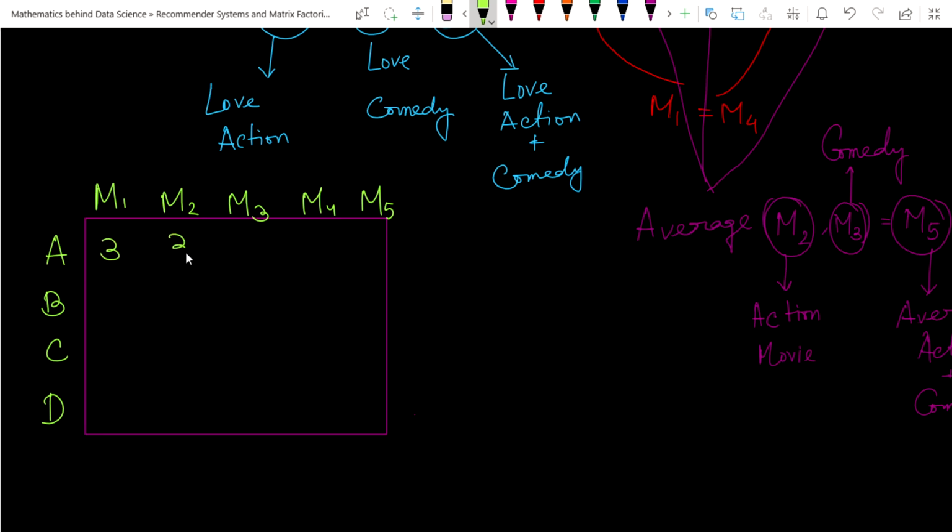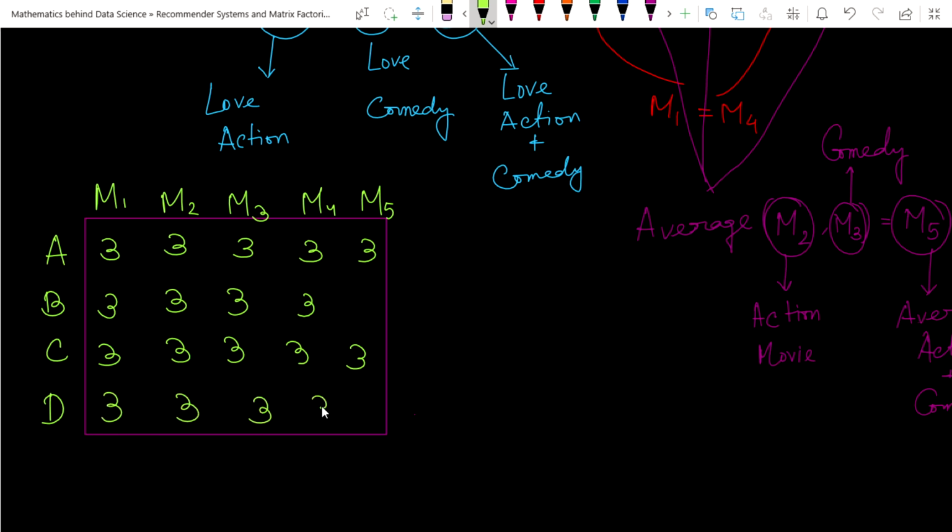Let A give 3, 3, 3, 3. This one gives 3, 3, 3, 3. This one gives 3, 3, 3, 3. Everyone gave an average rating for each movie. And suppose B does not give any rating for movie M5. If this situation happens.